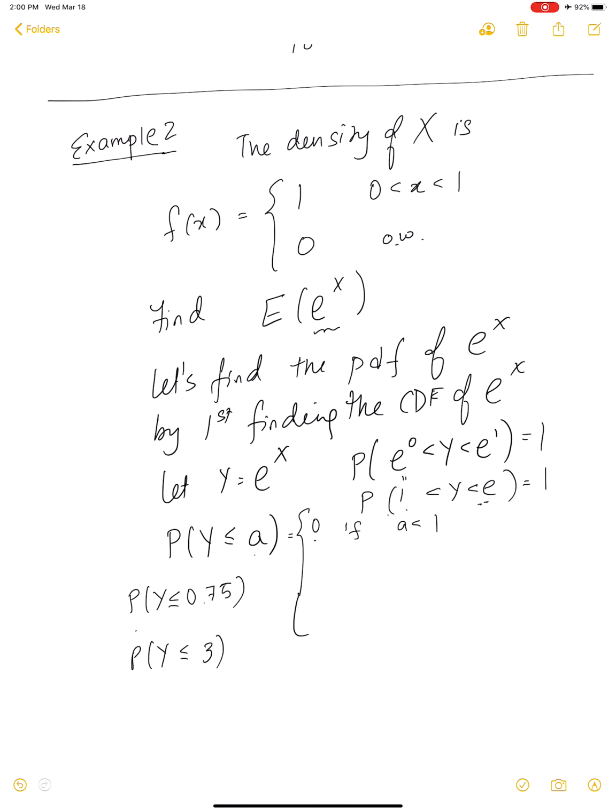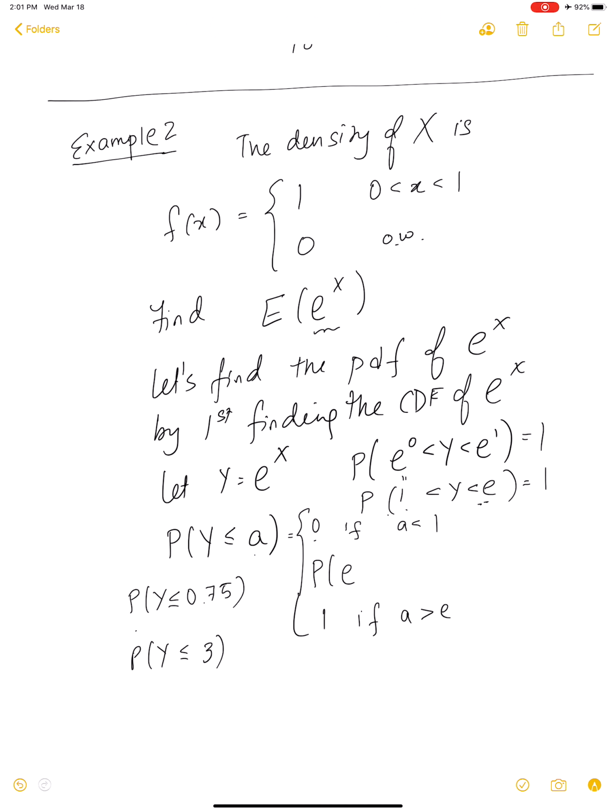Then you know y is always less than e, so this is 1. So if it's bigger than e, then it is 1, and if a is less than 1, this is 0. Well, between 1 and e, we're going to have to do some more work.